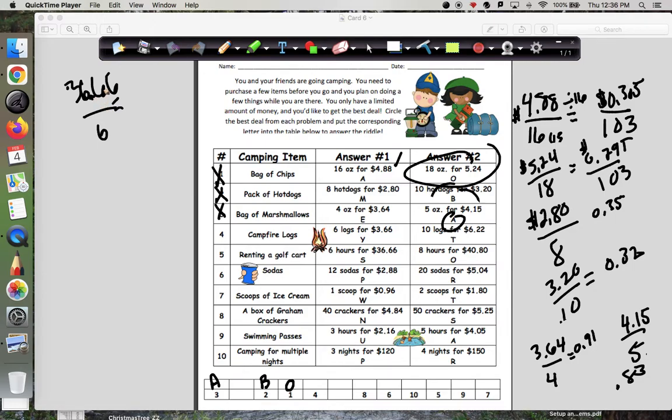So 36.66 divided by 6 is $6.11 for one campfire log, compared to $40.80 divided by 8.